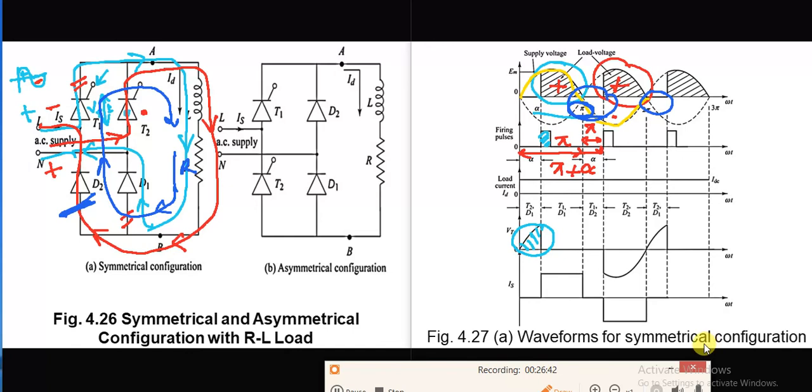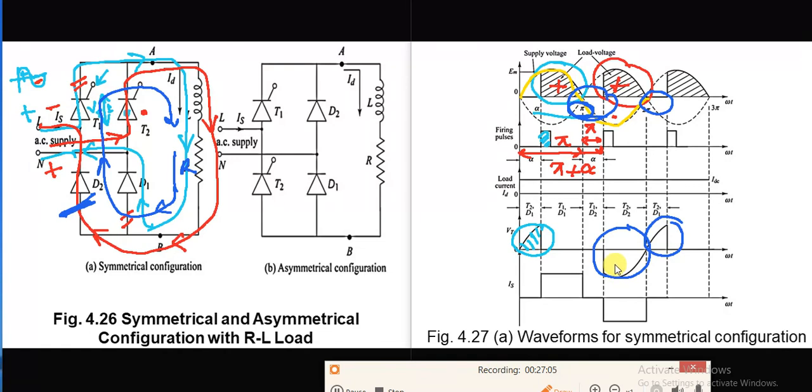Till the SCR is not conducting, we will obtain the voltage across the SCR. Why is this waveform coming? Because SCR T1 is off.